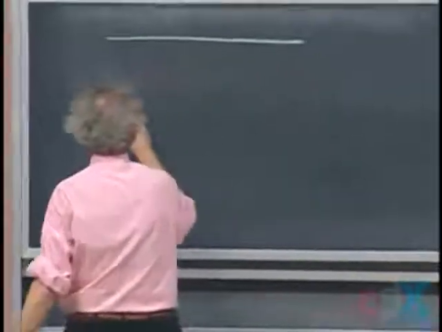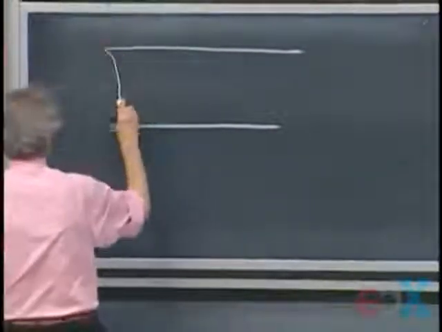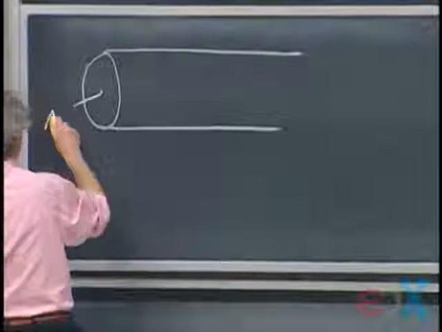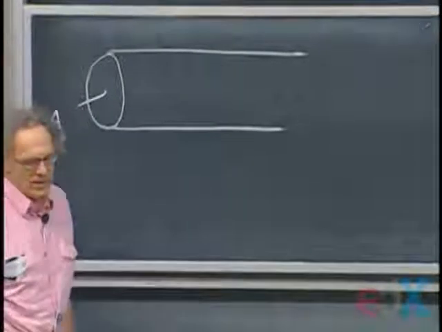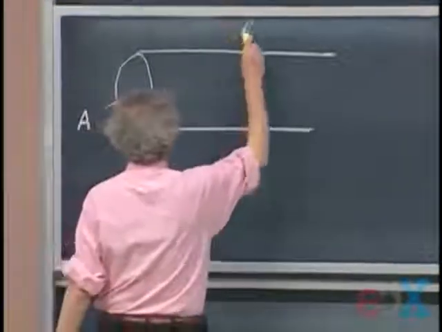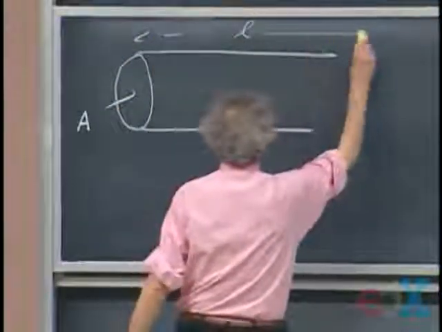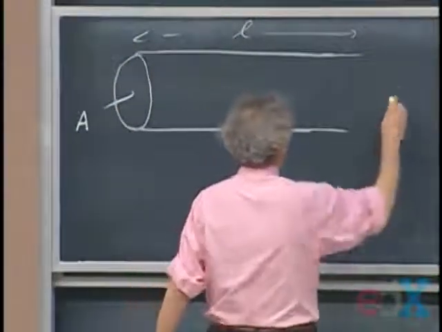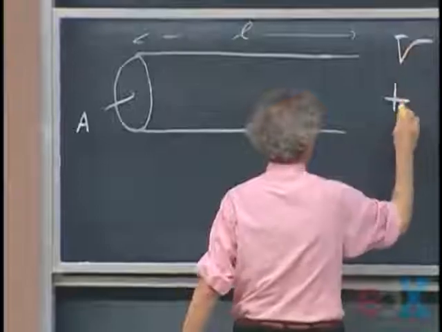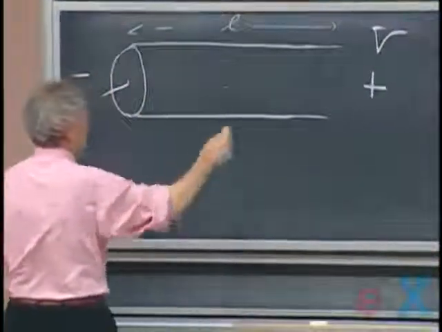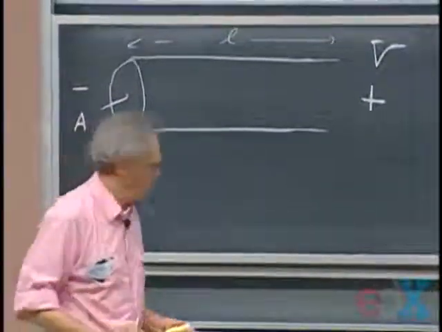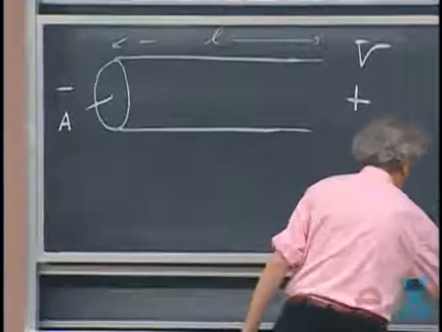So let me start off with a wire which has a cross-section A, and it has a length L. And I put a potential difference over the wire, plus here and minus there, potential V. So I would get a current in this direction.